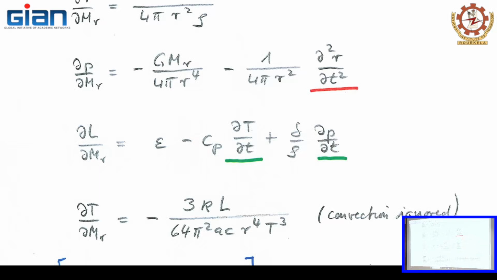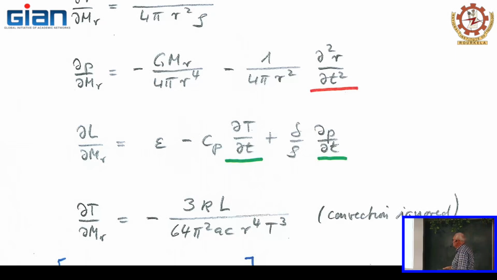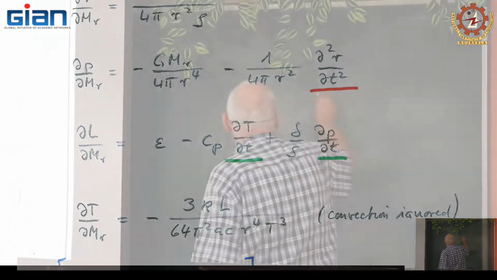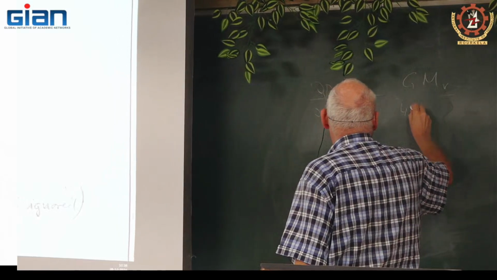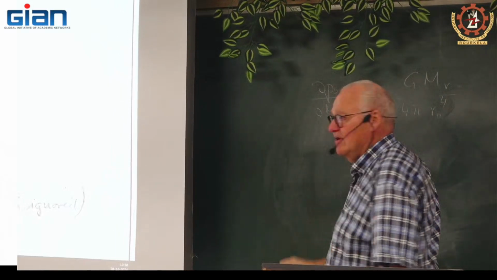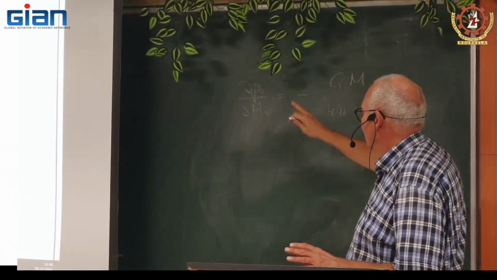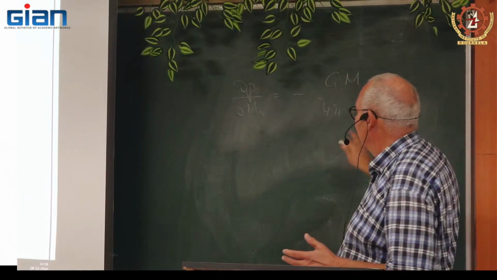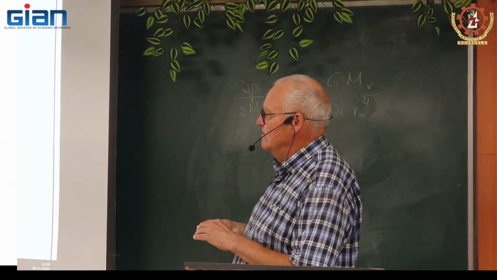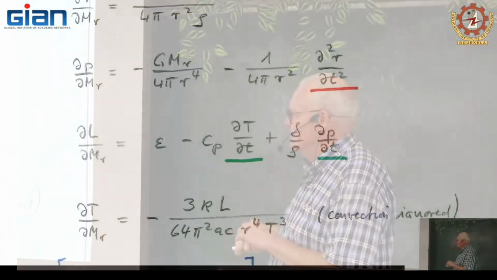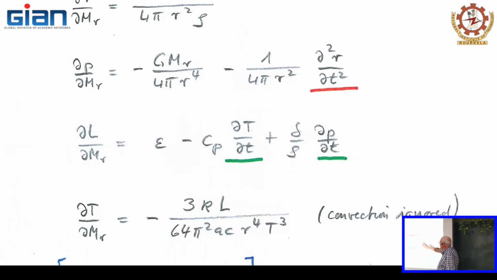We assume first that this equation has been solved by stellar evolution, for instance, and we have dP0 by dmr equal to minus G mr over 4 pi R0 to the fourth. So we have the values of P0 and R0, and they satisfy this equation. These have been determined previously, prior to our pulsation analysis. This term is 0.